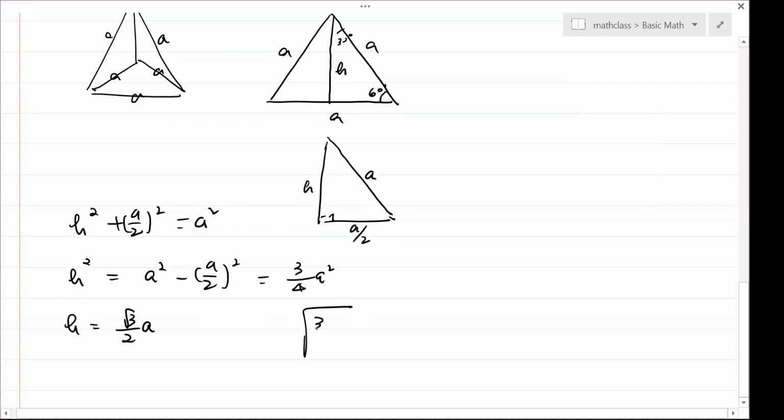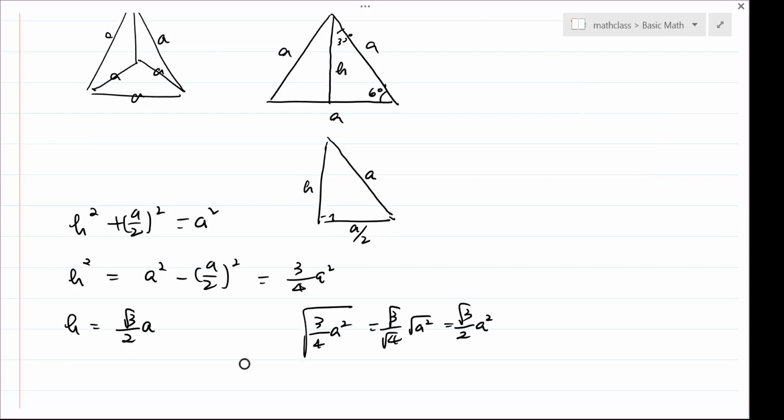Because the square root of 3/4 A squared is the square root of 3/4 times the square root of A squared. So you get the height of the equilateral triangle expressed.